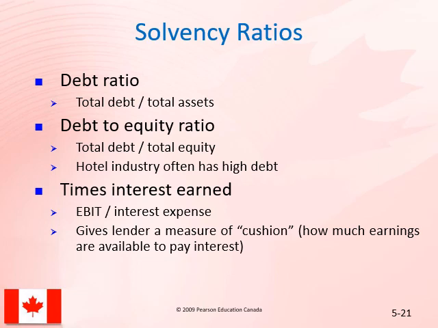We also have debt to equity, so it shows where the financing for assets has come from, or how leveraged a business is. So does it have more debt or does it have more equity? Typically speaking, hotels have really high debt, so they'll have a debt to equity ratio of closer to 1 or over 1.